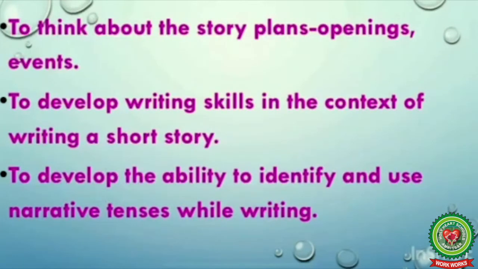Next is to think about the story plans, openings, events. Next is to develop writing skills in the context of writing a short story. Next is to develop the ability to identify and use narrative tenses while writing.